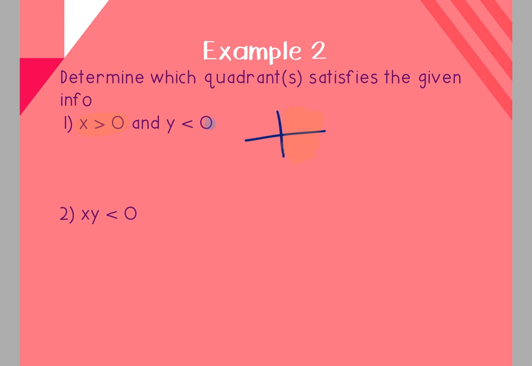Which quadrants would satisfy y is less than 0? 4 and 3. So if this was an or statement, all 3 of those would count. You got to make sure you pay attention to the language, right? Because it's an and statement, I'm looking only where they overlap, which is in quadrant 4.